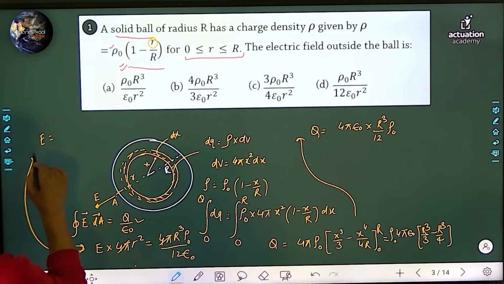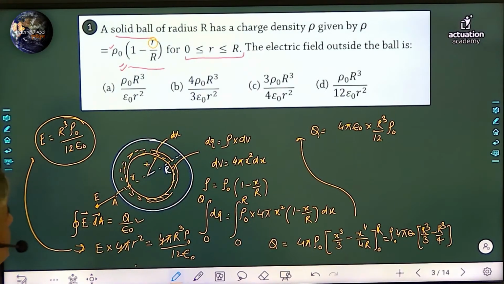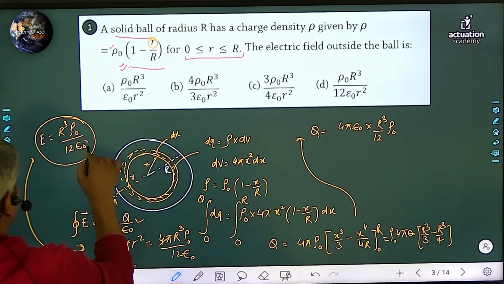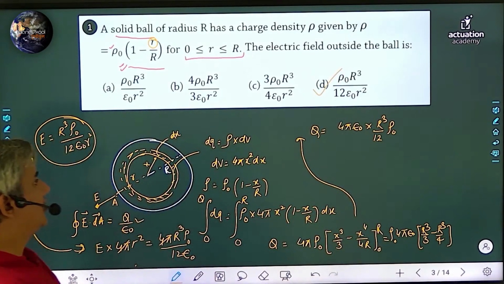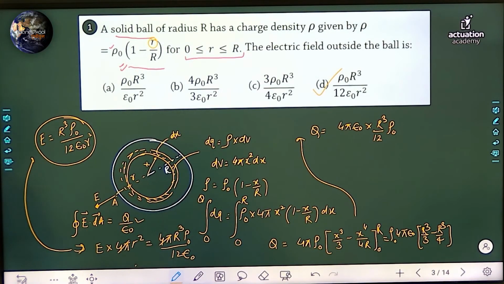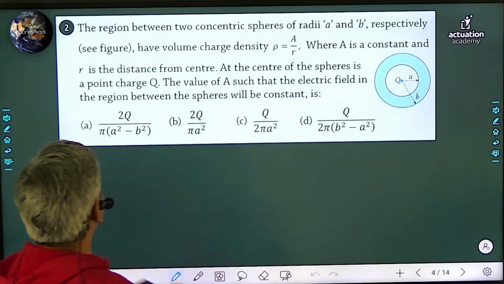So this E will become R cube rho naught divided by 12 epsilon naught, over r square. So from the given options, option B is the right option, which is rho naught R cube by 12 epsilon naught r square. Okay, let's move to question number 2.